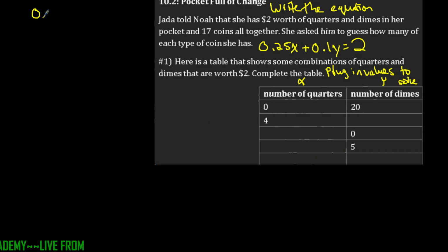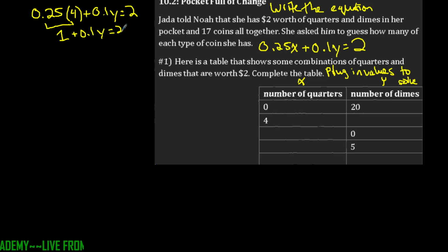So for the first one, since I have 4 quarters, I have 0.25 times 4, because that's my x value, plus 0.1y equals 2. Now I can simplify, so this is equal to 1 plus 0.1 times y equals 2. Make sure you use your inverse operations to get y by itself.